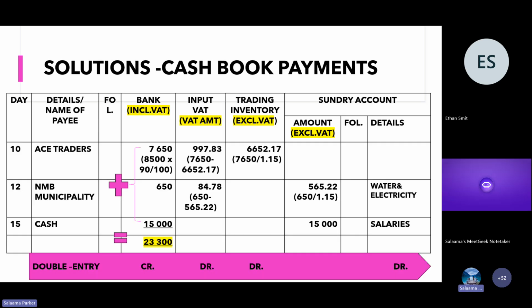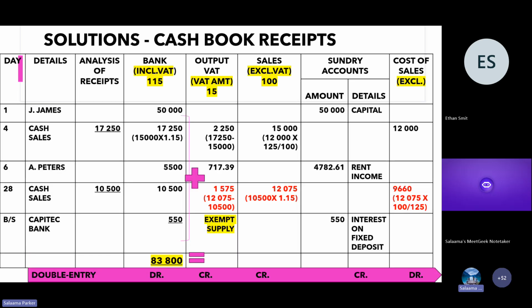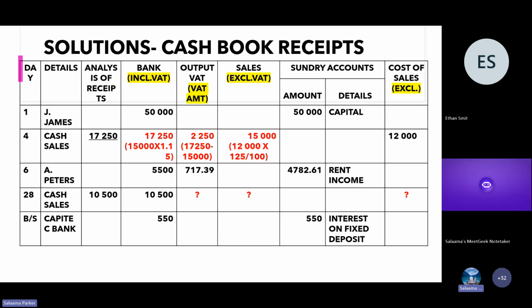So again, going from inclusive to exclusive, I like to use the easier method. Let's look at that transaction again. It was a little bit tricky, not really tricky, it's just that we gave a discount.